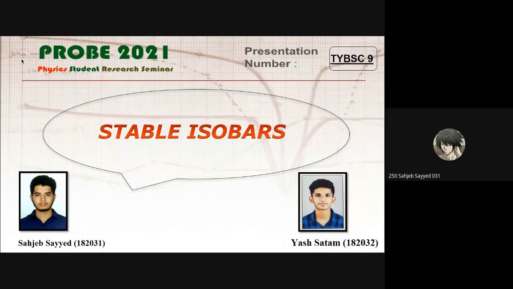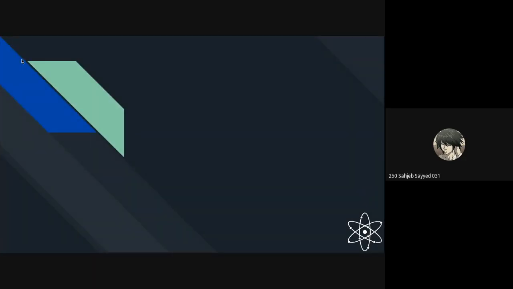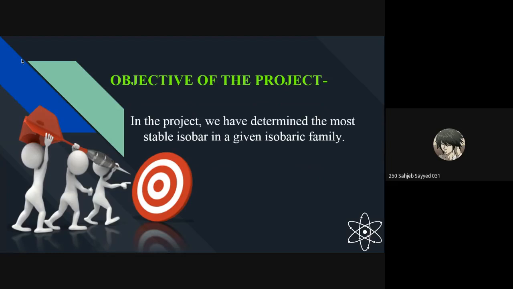There are also certain elements in nature which have the same atomic mass number but different atomic number. These elements are known as isobars. Our aim of this project was to find the most stable isobar in a given isobaric family.